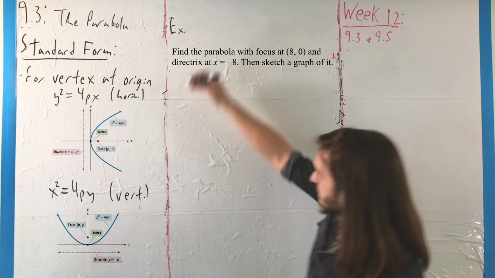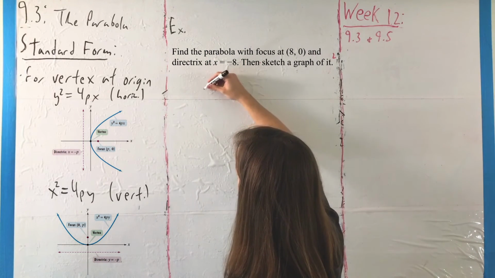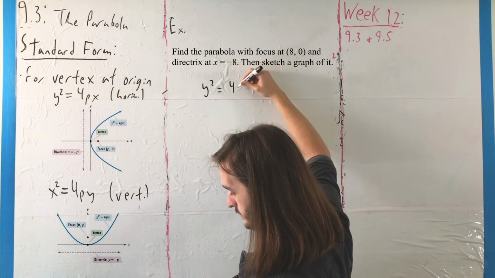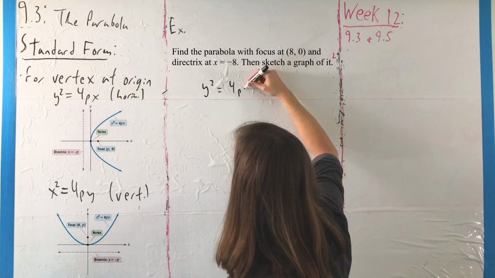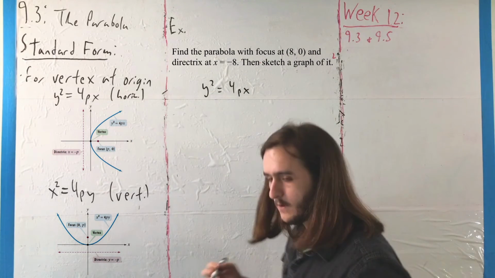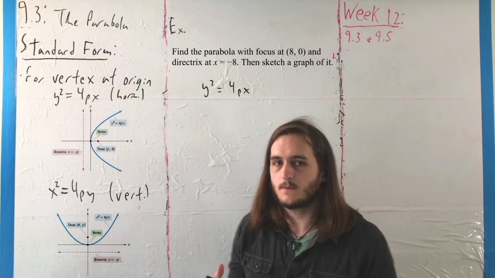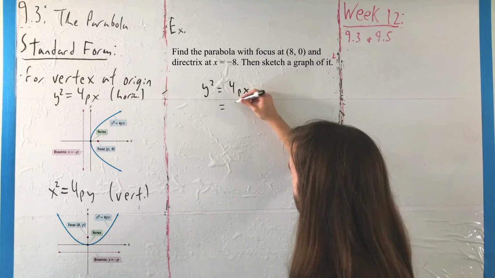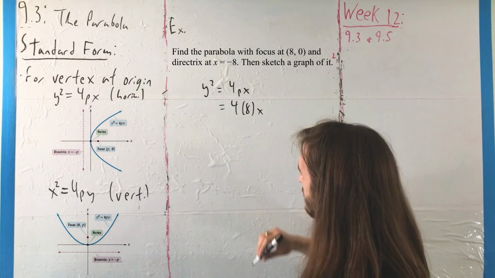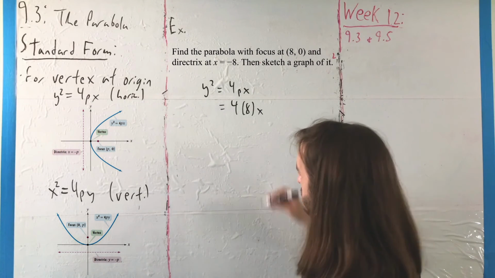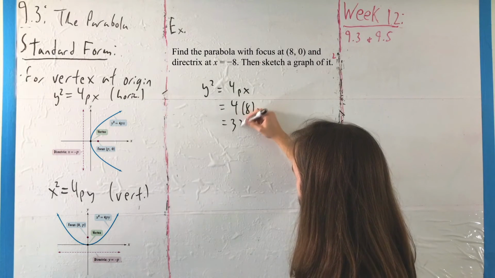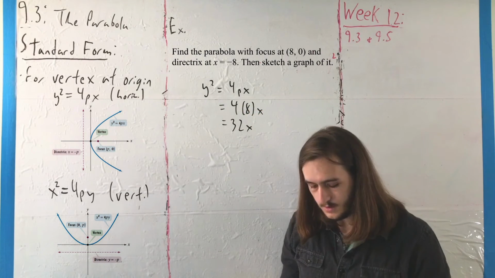So we have form y squared equals 4px, where based on the fact that our focus is at the point (8, 0), that tells us that p is equal to 8. And as a result, we have the general form y squared equals 32x.